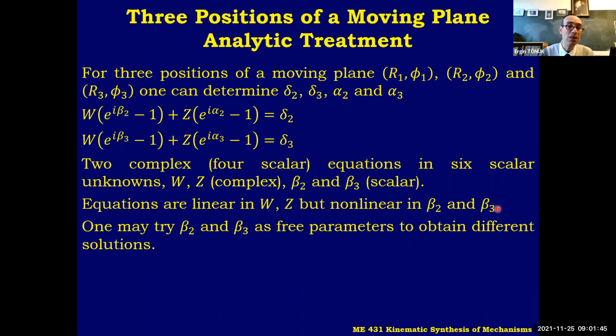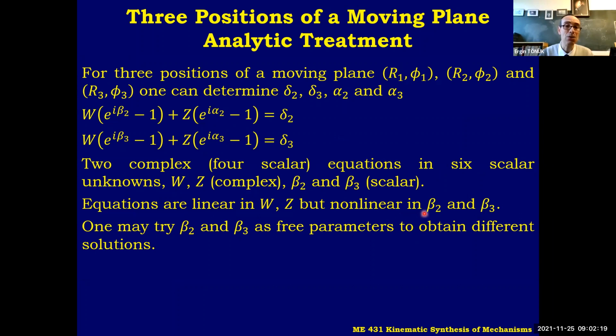What we do is for 3 position synthesis, since we need to determine W and Z, which actually define the locations of A and A0, I'm going to discuss this in a minute. And beta 2 and beta 3 are crank rotations. If it's just a bare 3-position synthesis, if we have 4 equations but 6 unknowns, that means we have 2 free parameters.